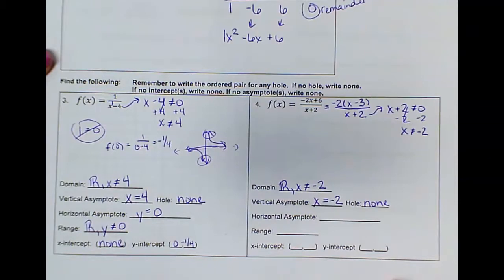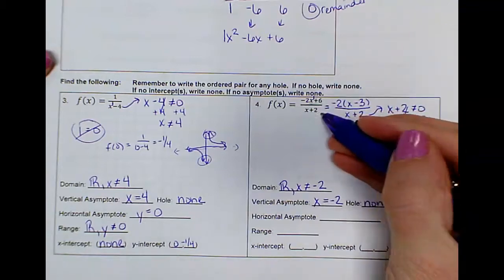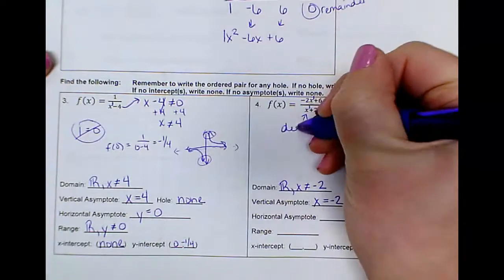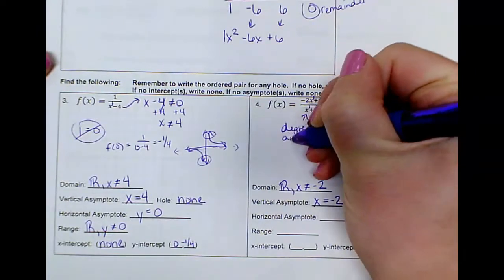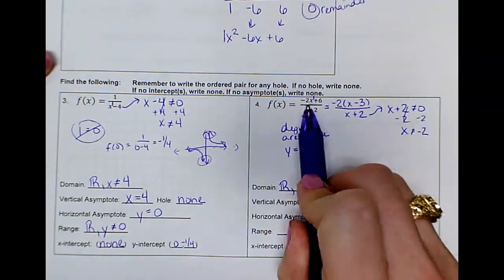Now let's look at the horizontal asymptote. The horizontal asymptote comes from the degrees of the numerator and denominator. The degree of the numerator is 1. The degree of the denominator is 1. In that situation, when the degrees are the same, your horizontal asymptote is y equals the ratio of the coefficients of the terms with the biggest exponents.